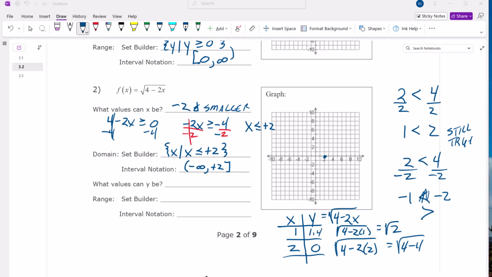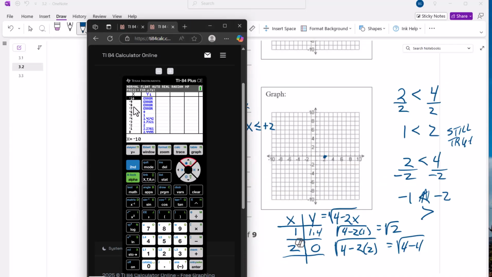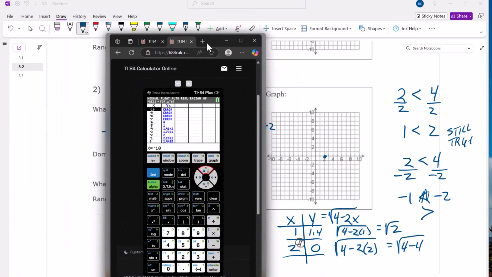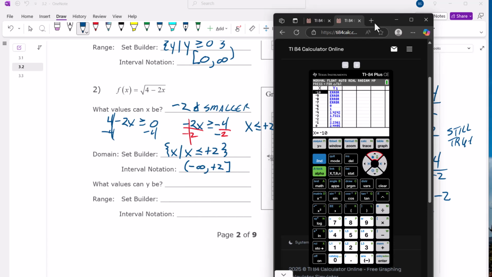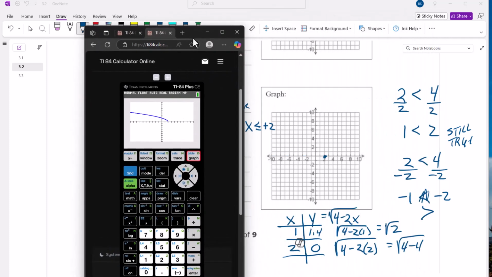So if I put this in the graphing calculator, this is basically going to kind of look like this. Go y equals square root 4 minus 2x. That's what your graph basically looks like. Again, you can use your table of values. You can go second graph, and then you can get as many points as you want to this way.